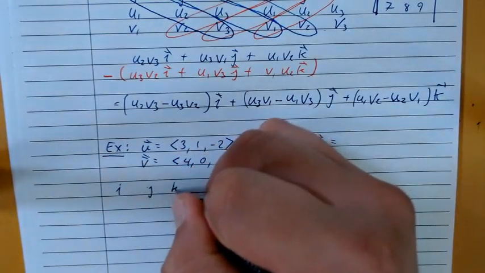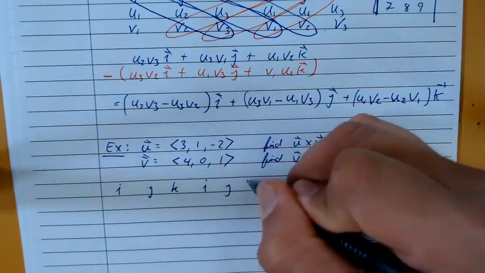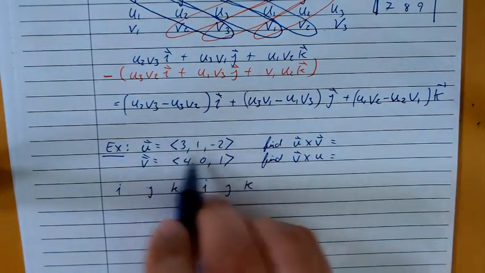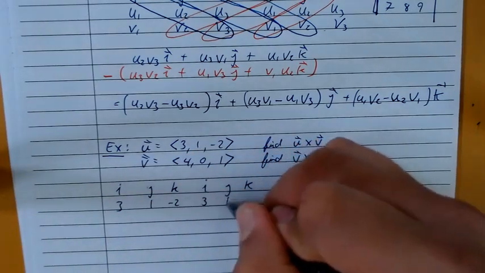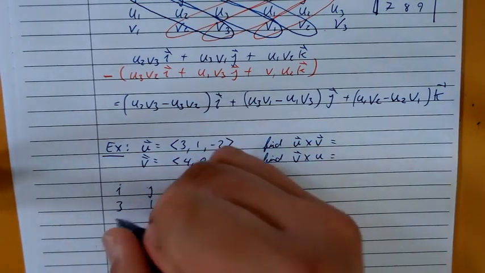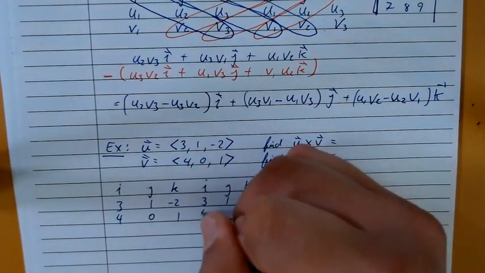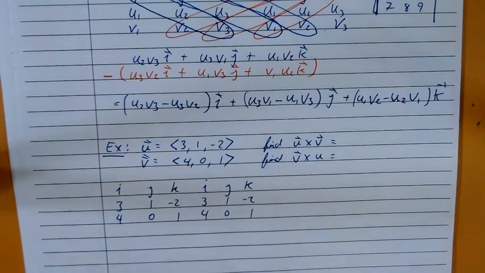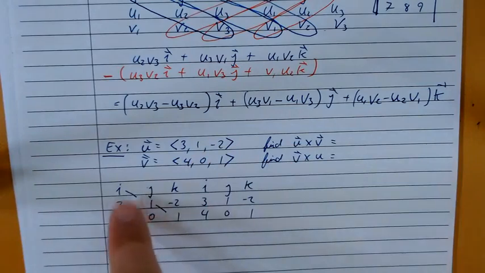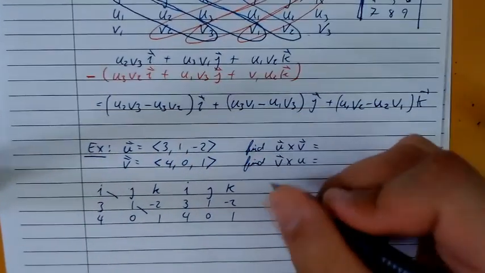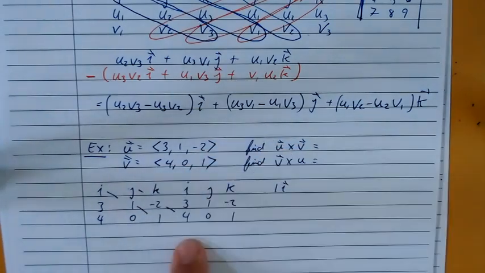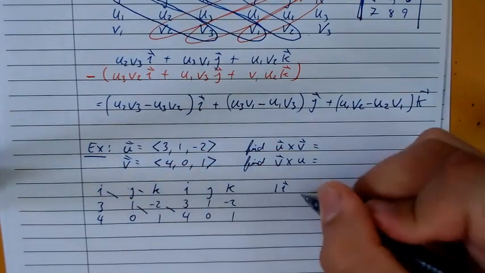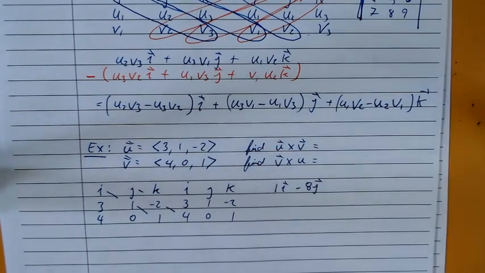I, J, K, and I'll write it again. And then I'll take U, and I'll write that first. 3, 1, minus 2, and then I'll write it again. And then I'll take V, and I'll write that. 4, 0, 1, and then I'll write it again. All right, so here we go. Taking the diagonals from upper left to lower right, that's 1 times 1 times I. Well, that's 1I. 4 times negative 2 times J, well, that's negative 8J.